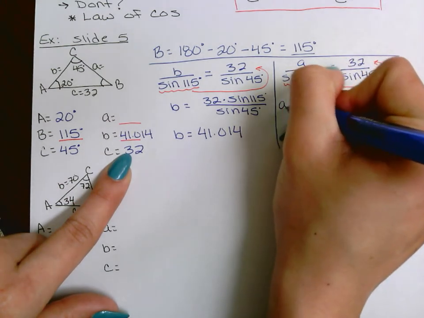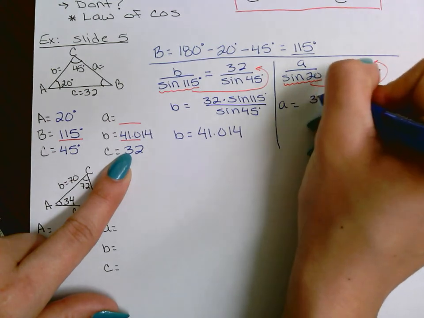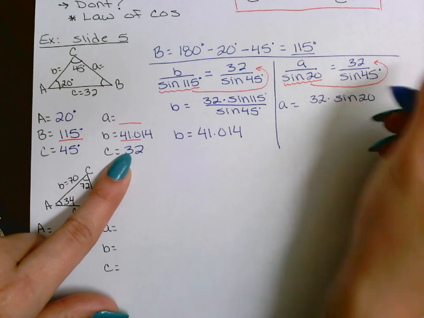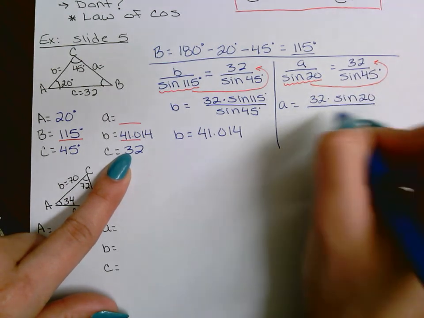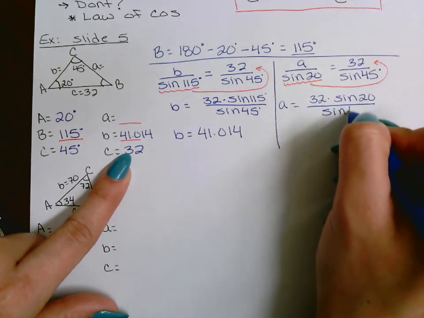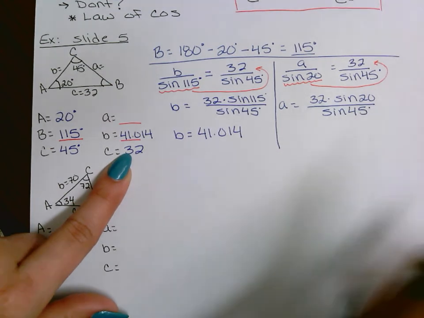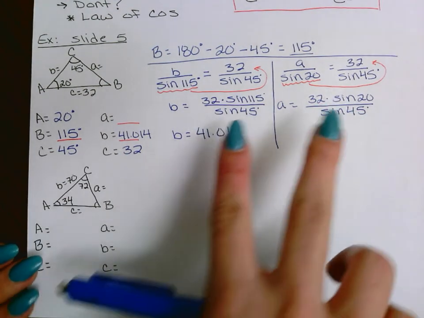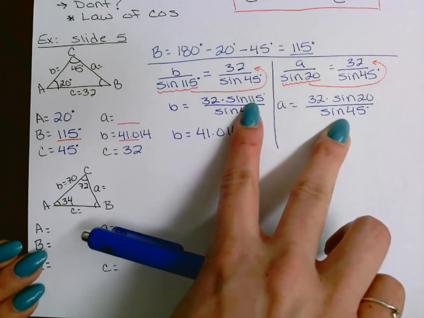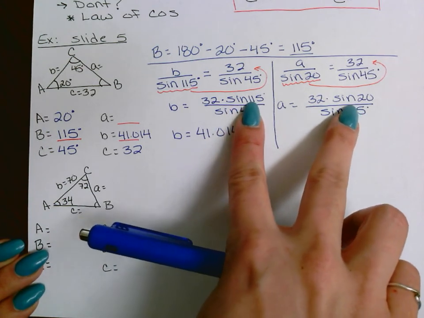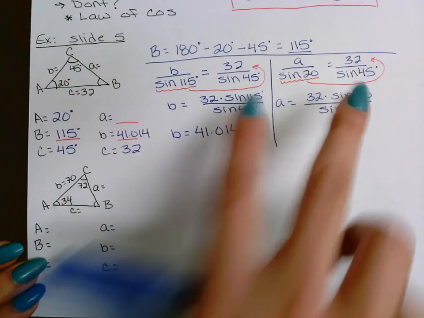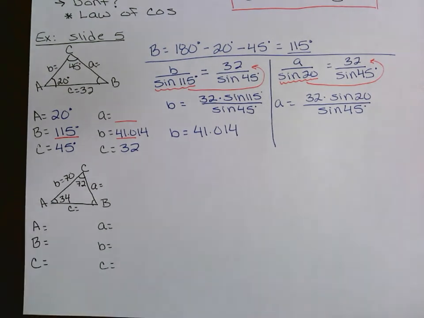And I can say that a equals 32 times sine of 20 over sine of 45. And now notice if you had just done b in your calculator, the only thing that changes here is instead of sine of 115 in the numerator, it's sine of 20. So instead of retyping the whole thing, scroll up, press enter, and change that 115 to a 20. And it should be a lot faster.